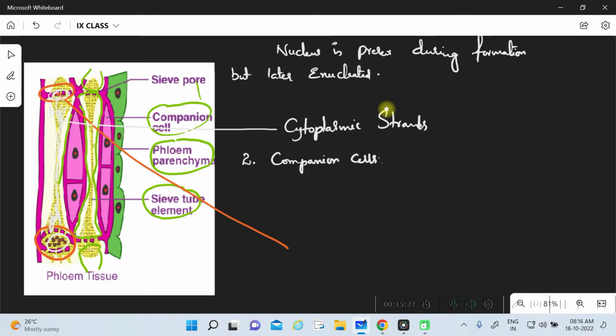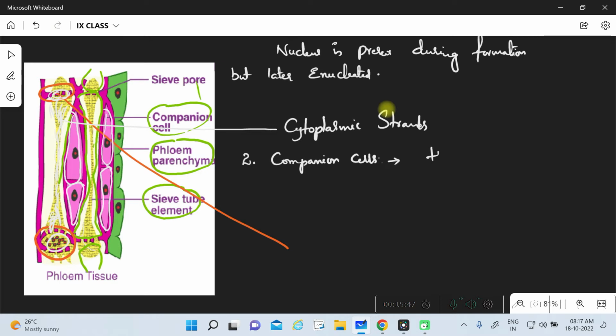These pink cells which we can see in the diagram, having a prominent nucleus, are called companion cells. Companion cells are always present beside the sieve tube cells. Now let us describe the companion cells.